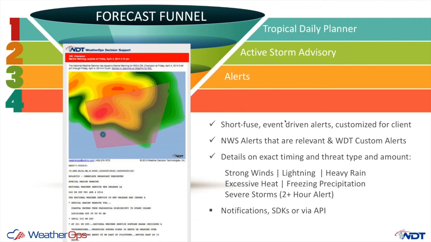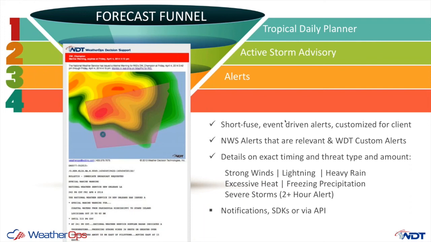When we have to issue alerts that are specific to a customer's asset or location, we'll do these short fuse updates that convey either National Weather Service information, such as storm surge information, or even a tornado watch, since a hurricane approaching the coast many times does spawn tornadoes.